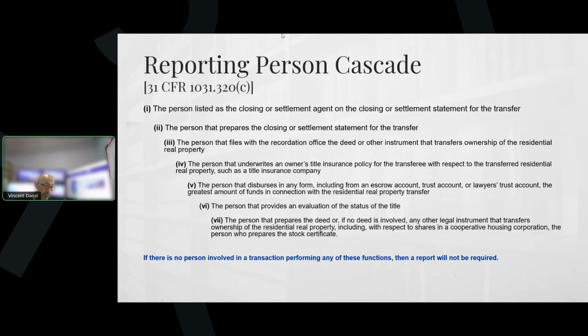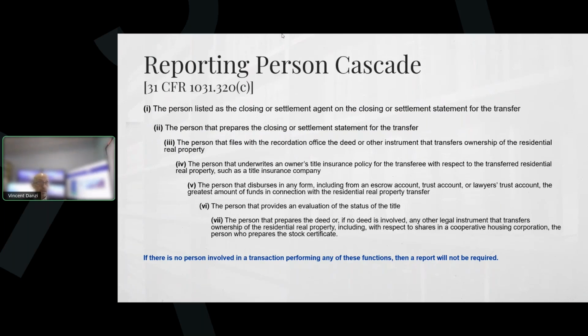FinCEN, I think, does recognize that there are going to be situations where people are genuinely not sure whether they need to make the report. And if you go to the website and start poking around, you'll notice that there are three different possibilities when you make the report. You can be making an original report, an amended report, or a report that FinCEN has retroactively ordered you to make.